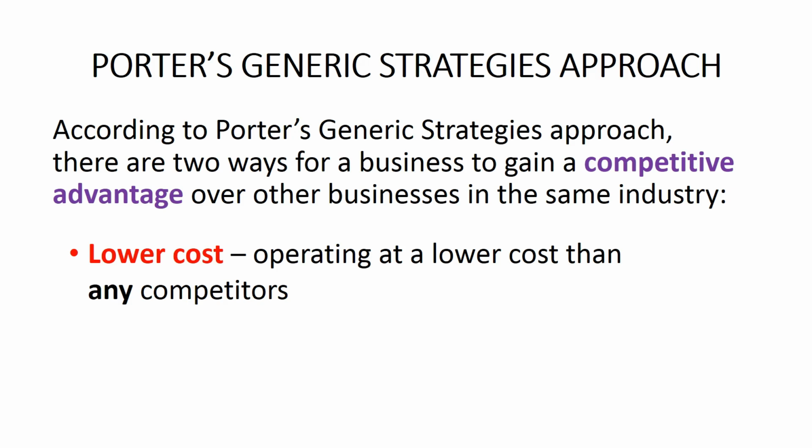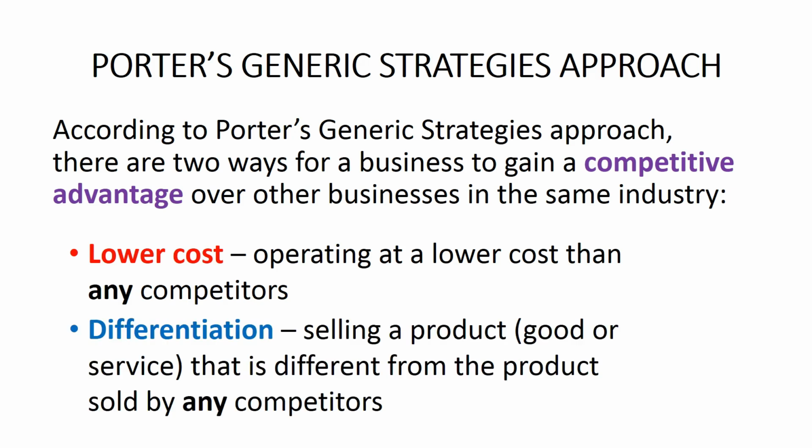And that's because if it's only one of several low cost operators, then there is a risk that there'll be another business, another competitor, that is able to operate at a lower cost and therefore attract away the business's customers. So under this strategy, the focus is on the business becoming the lowest cost operator in the relevant market.